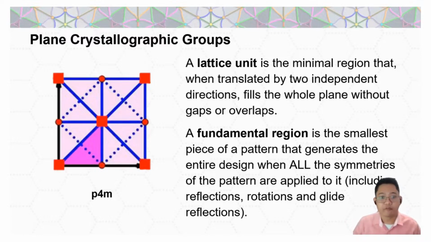So for example, from this fundamental region, what you can do is to reflect it or rotate it so that you can fill the entire lattice unit. So now that you have the lattice unit, you can translate it using the vectors so you can generate the whole tile.